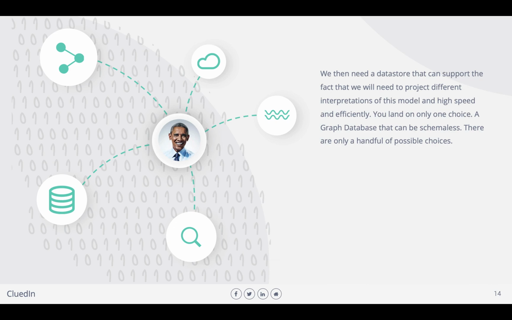To be more specific, graph databases that can be schemaless in model. It is worth mentioning that there are graph databases that still do require schemas. So we need to choose one of the many graph databases that can be schemaless for models.